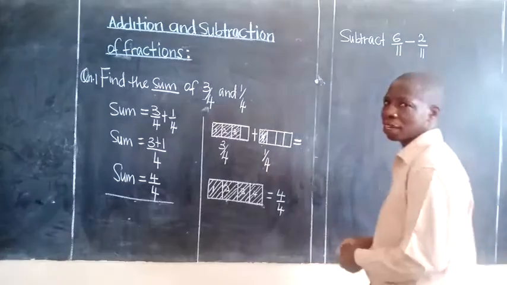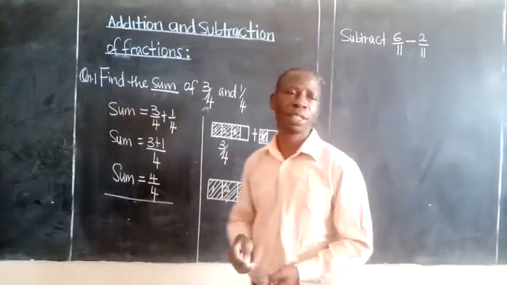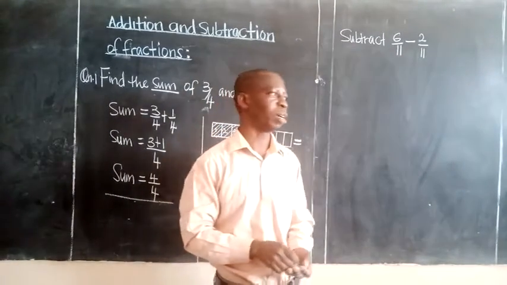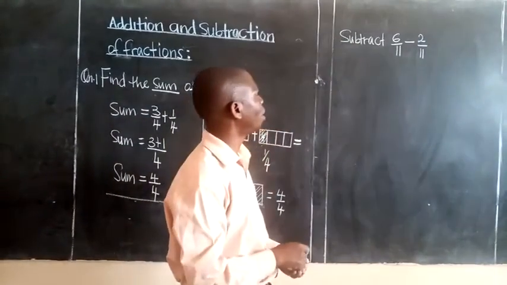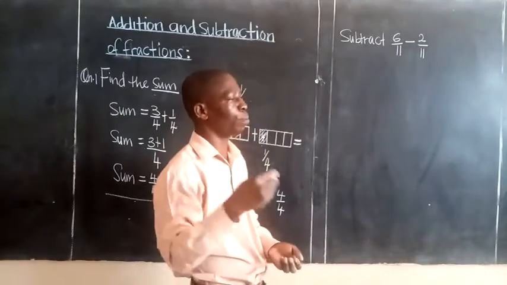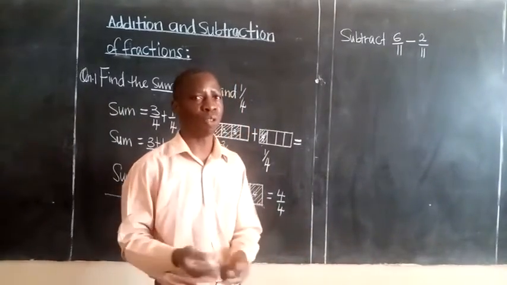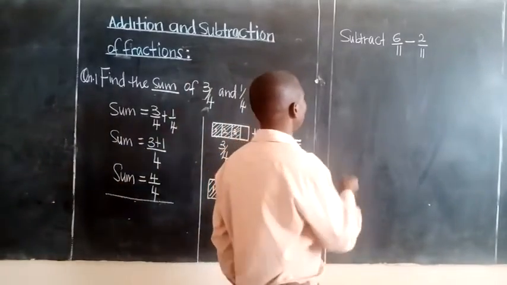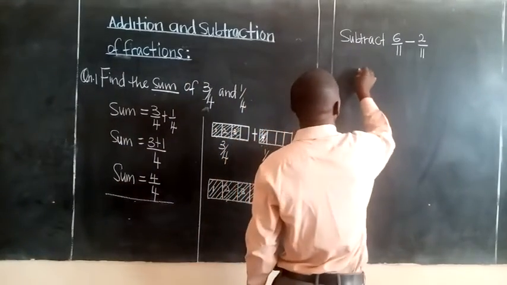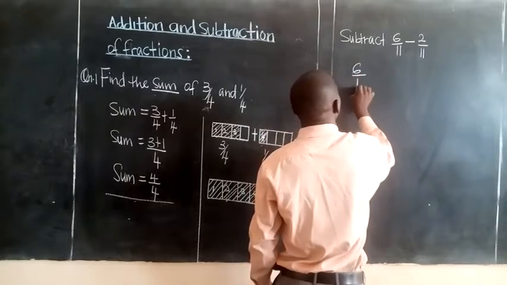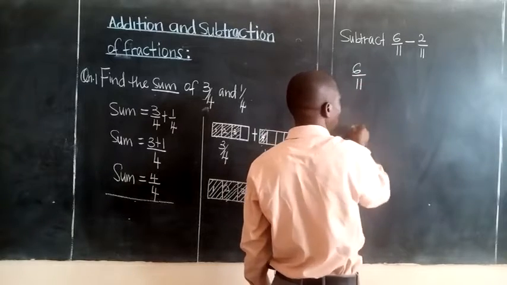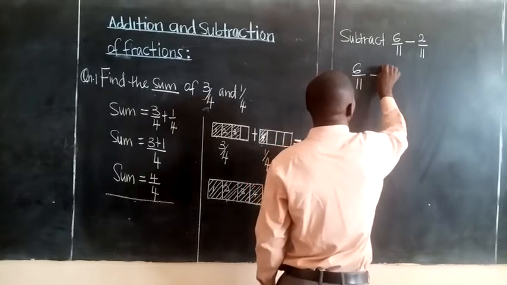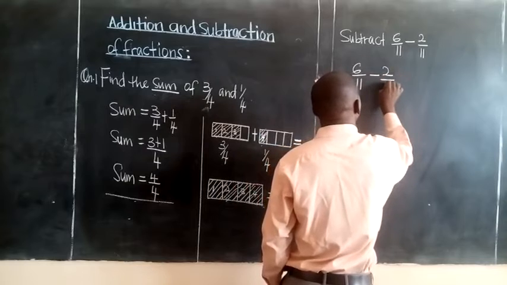Now this one is direct. We don't need to waste much time. We shall follow the procedures like what we have been doing in our previous lessons. So what are we going to do? We shall say 6 out of 11, that is 6 elevenths, take away 2 elevenths.